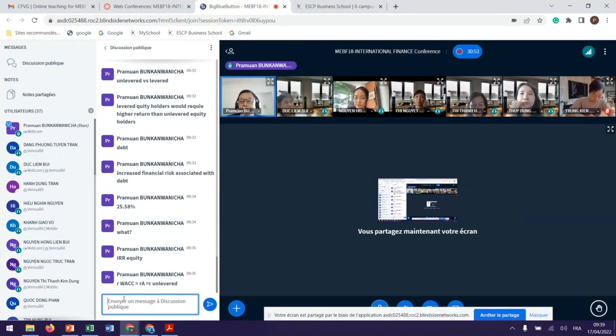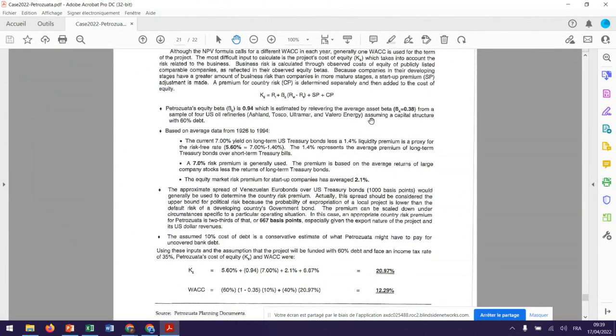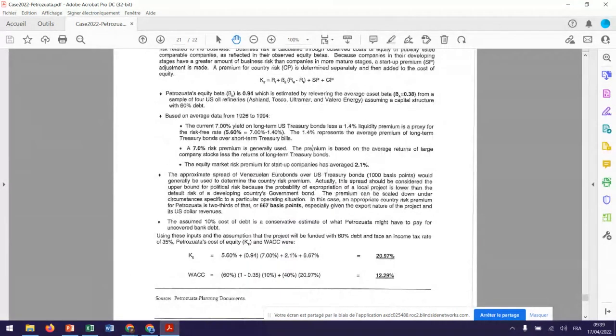Assume that the Conoco shareholder estimates the cost of equity capital by using exhibit number 12. Let's assume now you have the numbers: 20.97% is the KE, 12.29% is the WACC, and the RD, I forgot, the RD is 10%.